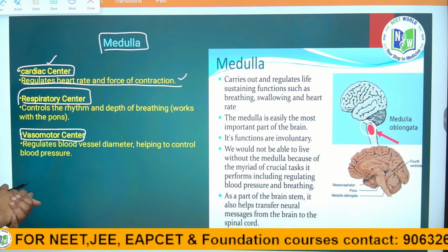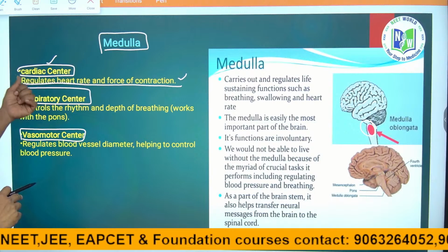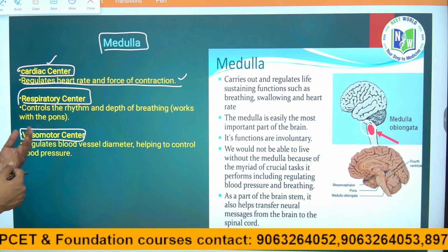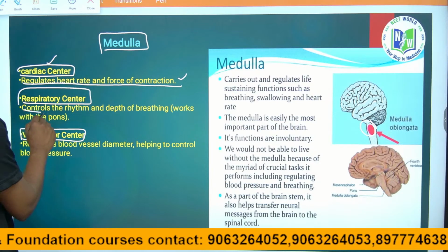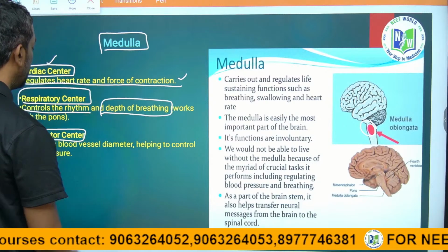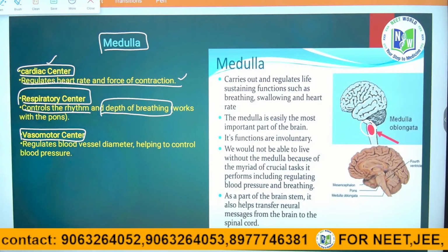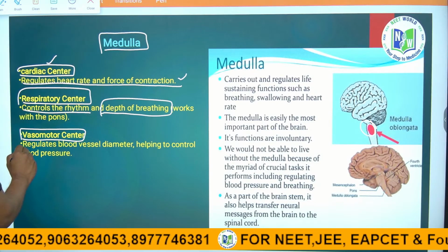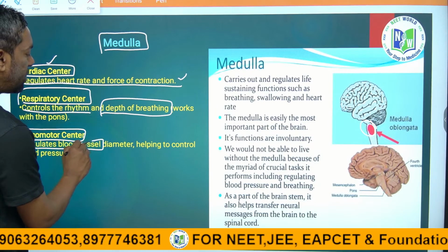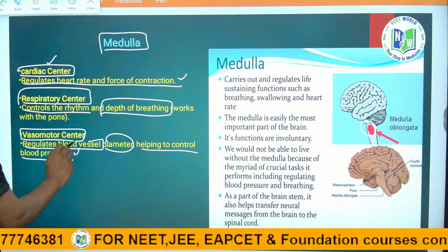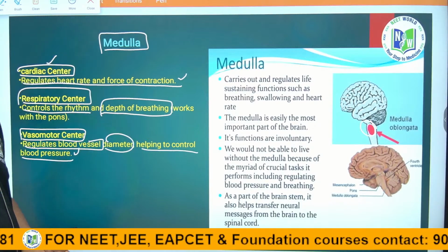The respiratory center controls the respiratory rhythm and depth of breathing, along with the pons. The vasomotor center regulates the blood vessels, their diameter, helping control blood pressure.